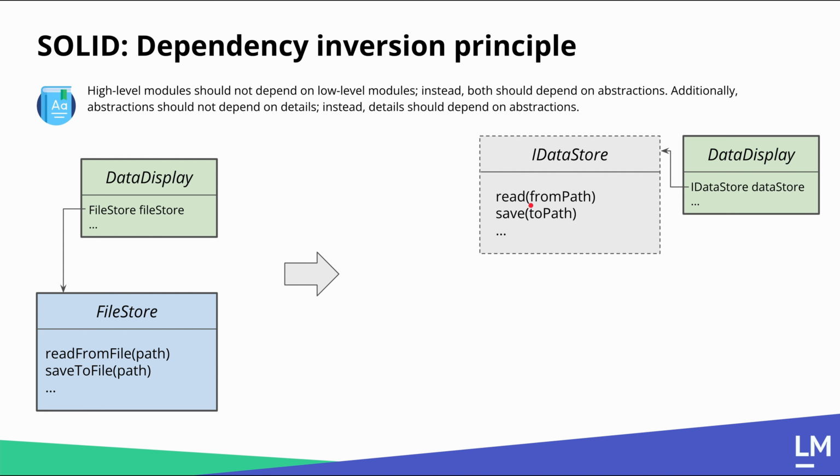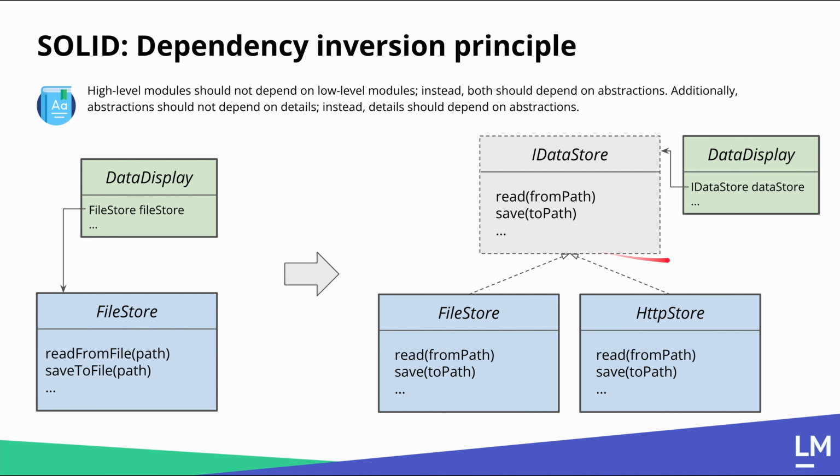And what we do is that our data display class now has a variable which is of the type of the interface. It doesn't hold an interface here, but it simply requires any concrete instance that complies with that interface. Now, the lower-level modules are then going to implement that interface, and they're going to provide the actual functionality.